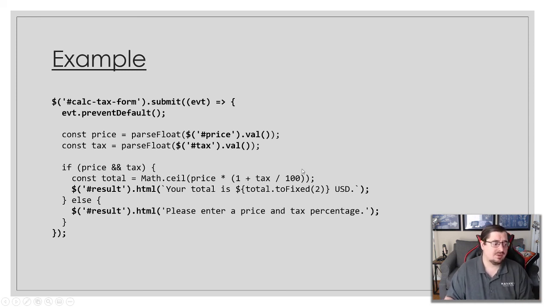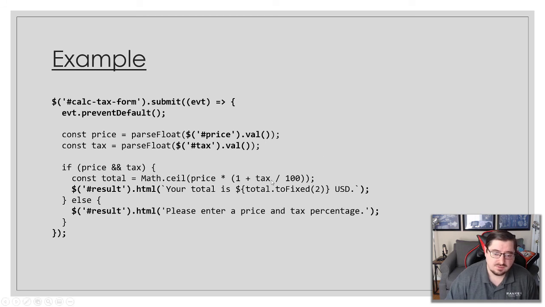I'm adding 1 because I need the full price. If I have 5%, well, I divide that by 100 and now I have 0.05, and then I need to add 1 so that I have the 100% of the original cost. If I didn't have this 1 plus here, then I would be just getting the amount of the tax, not the total cost.